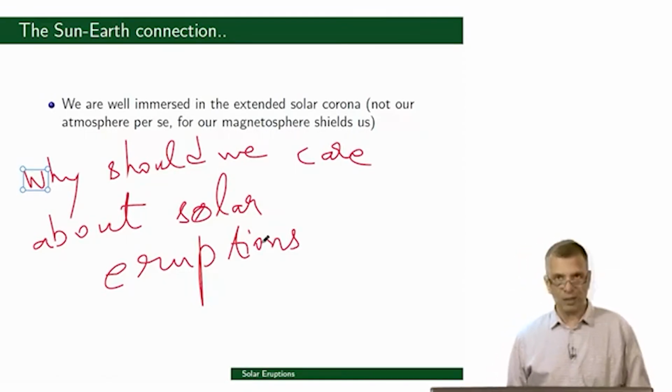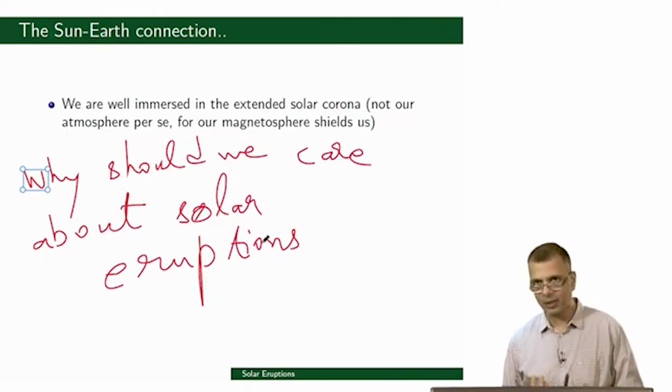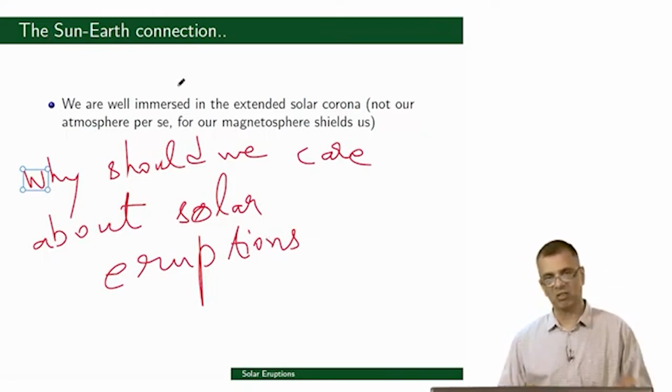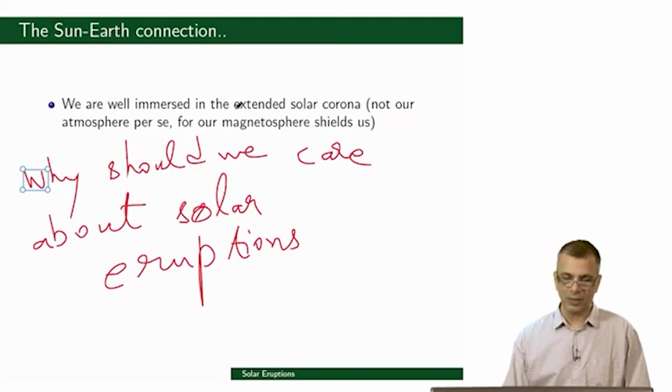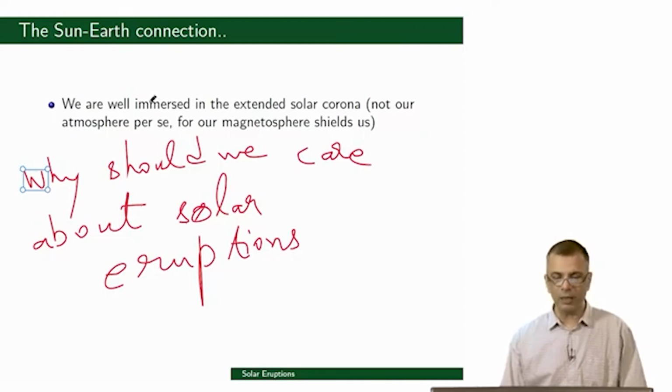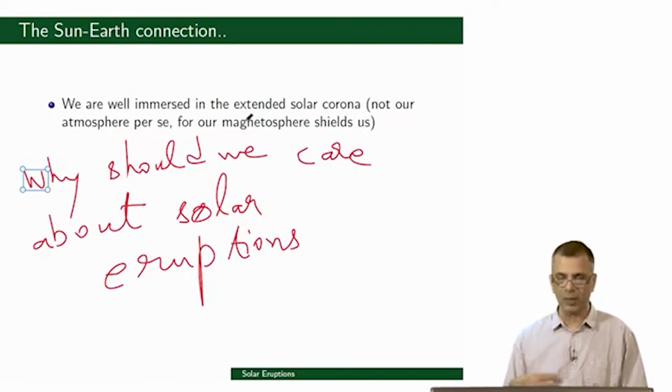But there is a practical aspect to it also, and I thought I would spend a little bit of time talking about this practical aspect, which is generally called the Sun-Earth connection. And so let us do that right now. Now, as I said earlier, we are really well immersed in the extended solar corona, not our atmosphere per se, but because the magnetosphere shields us.